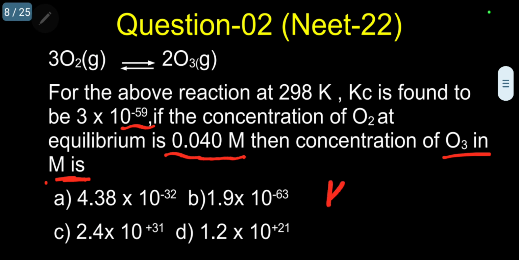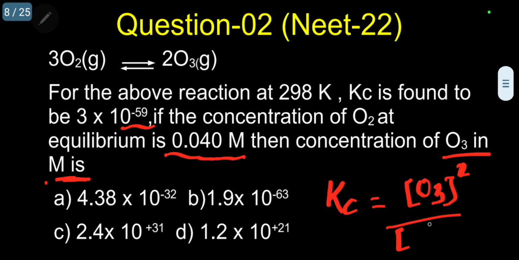We know Kc equals O3 whole squared divided by O2 cubed, since it is 3 O2. Kindly follow.